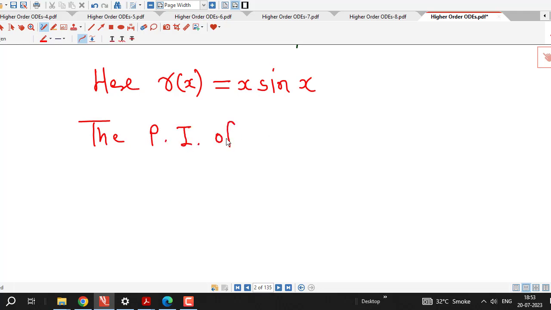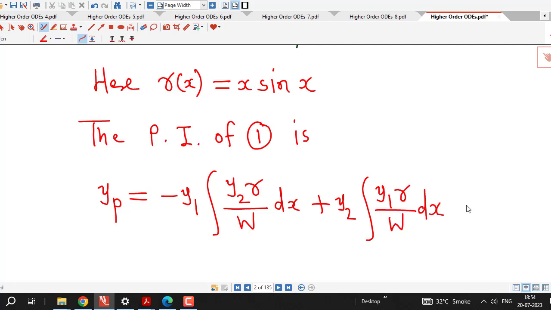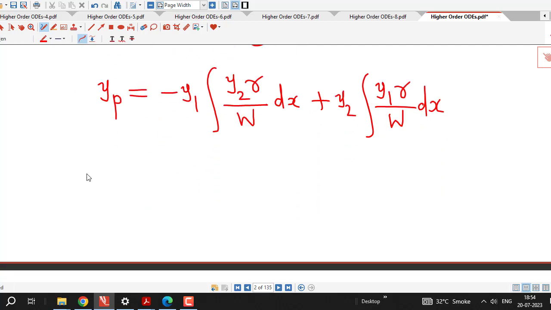And now we have the Wronskian and r of x, so we can write down the formula for the particular integral of the given equation, which we have numbered 1. By the formula, yp is the notation for particular integral, and the formula is minus y1 times integral of y2 into r of x divided by Wronskian, plus y2 times integral of y1 into r of x divided by Wronskian, with respect to x.